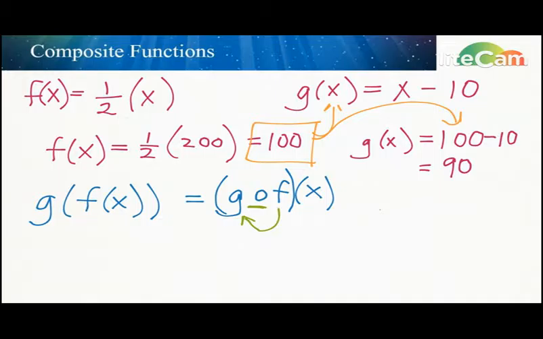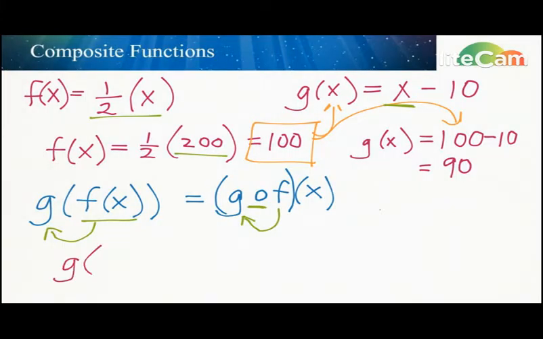Now, I don't have to always find, for instance, 200. I could take f of x and put it into g of x. So I could take the expression and put it into the x of g. The way that would be written is like this.